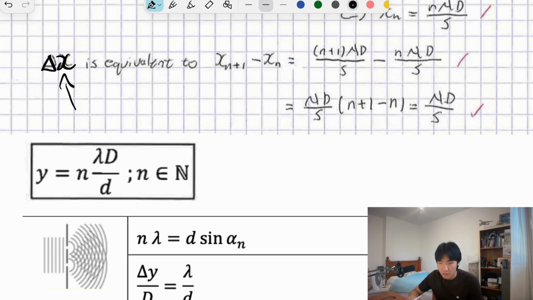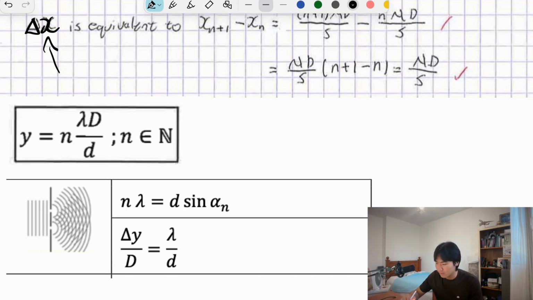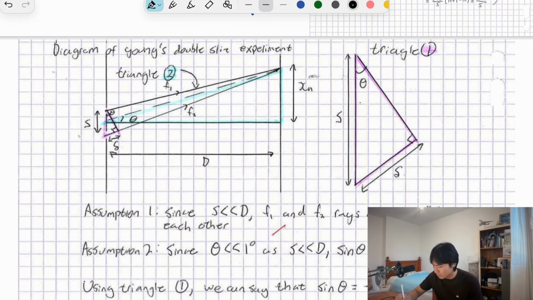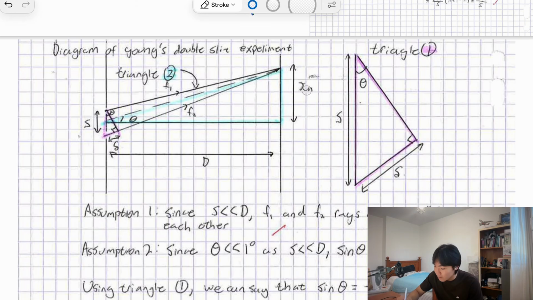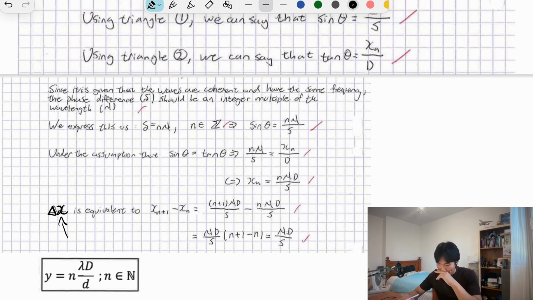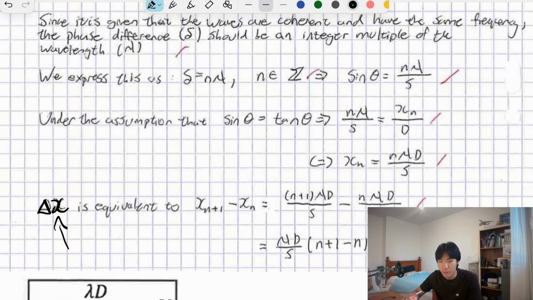But delta x and delta y are the same thing, because we're just stating, right? We could have written this as yn, but in the question it said to use xn, so that's why I use xn instead of yn. It's just different symbols that we're going to replace, right? It's just a placeholder, right? That's what it is. All it is is a placeholder.